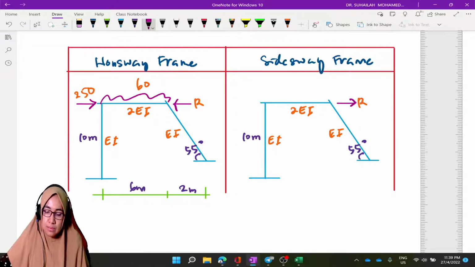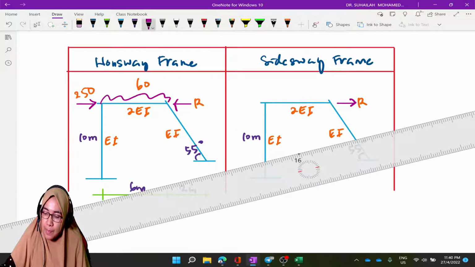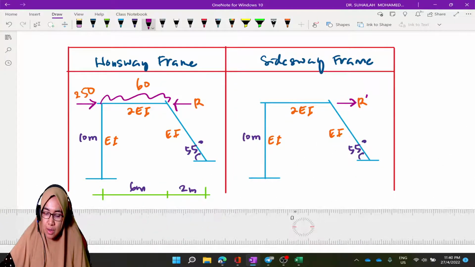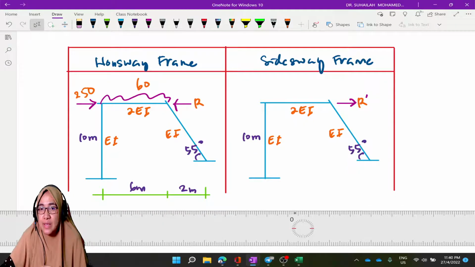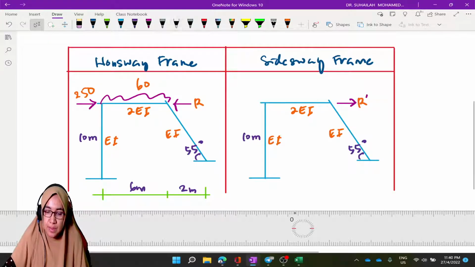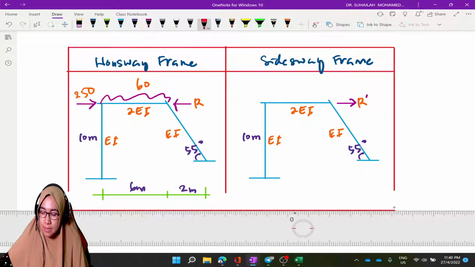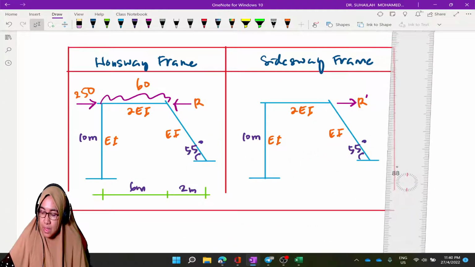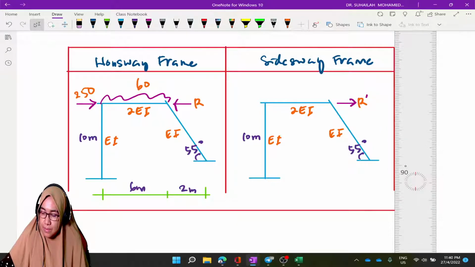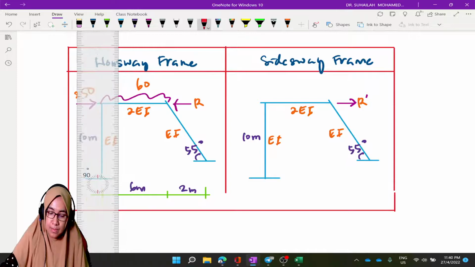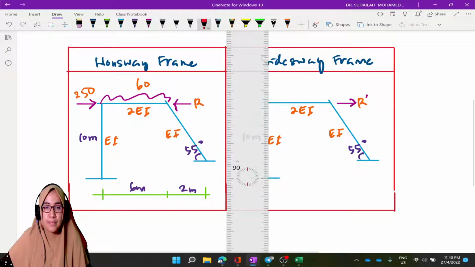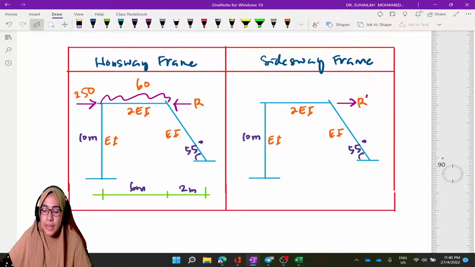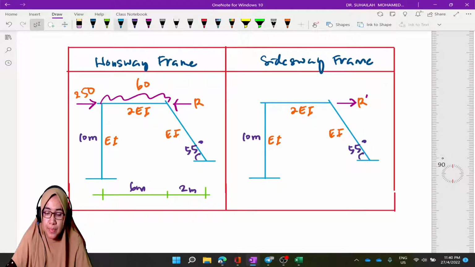So this will be R prime, because we are going to analyze by assuming FEM for Sidesway frame. So this will be table 1.